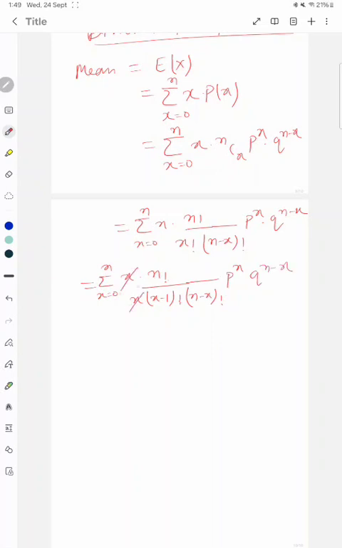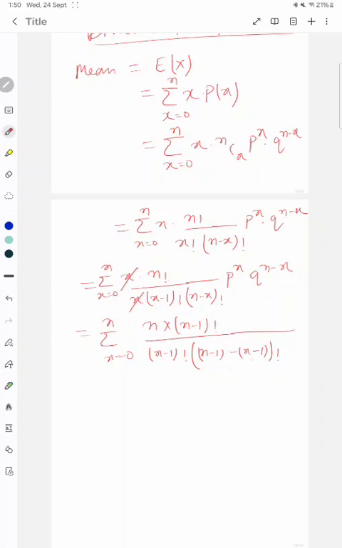Cancel the x and x. Then summation x from 0 to n factorial n by x minus 1 factorial into n minus x factorial.